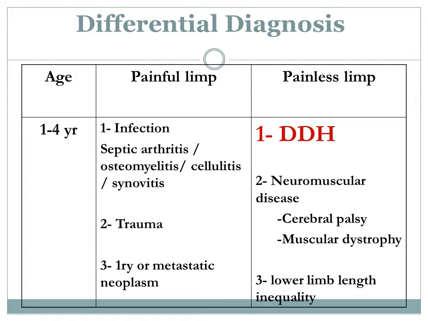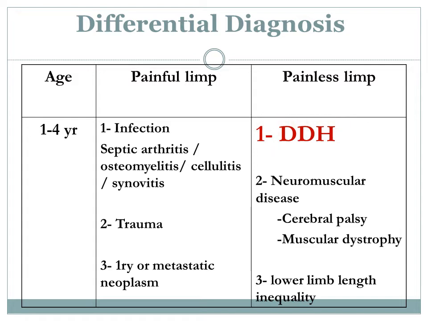And the third cause is primary or metastatic neoplasm. These are the main etiologies that may cause a painful limp. The painless limp in this age group also has specific etiologies. The first and most important etiology in this age group is DDH, developmental dysplasia of the hip.